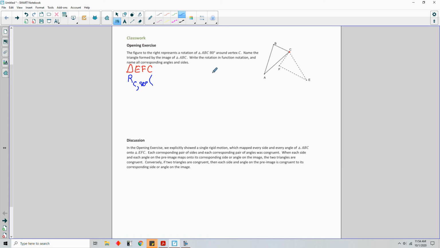We're rotating triangle ABC. So a rotation centered at C, 80 degrees of triangle ABC would equal triangle EFC. Now it's asking to write the rotation in function notation, done, and name all corresponding angles and sides.